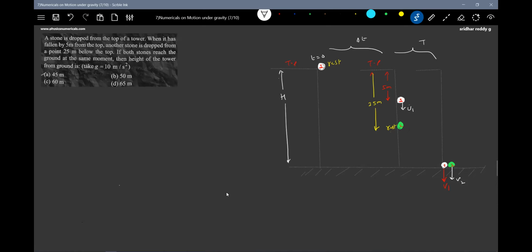What is delta T? The time interval between throws. That has to be determined. For that I can calculate delta t, because the first stone will descend 5 meters. So 5 is equal to g by 2 delta t squared.